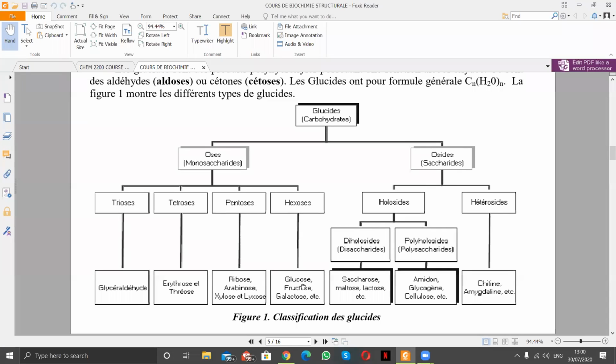That's a melange, which are different. Then homo, they are composed of only a single type of monosaccharide unit. Am I clear?